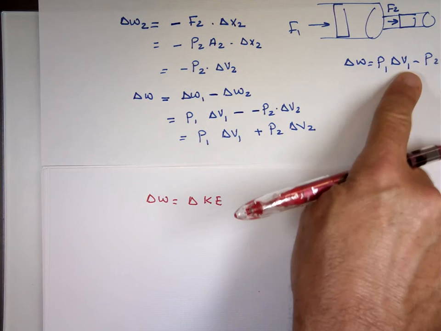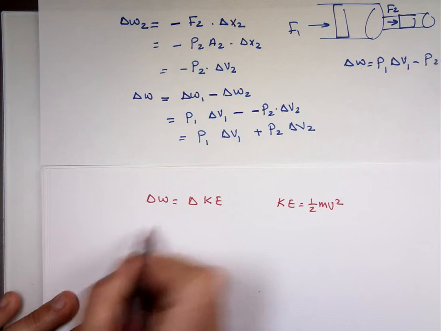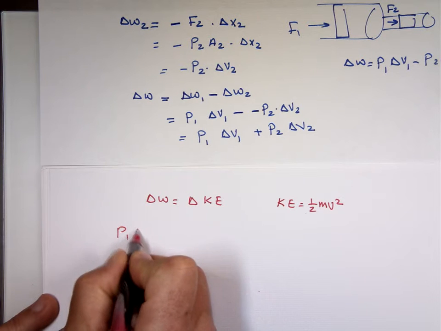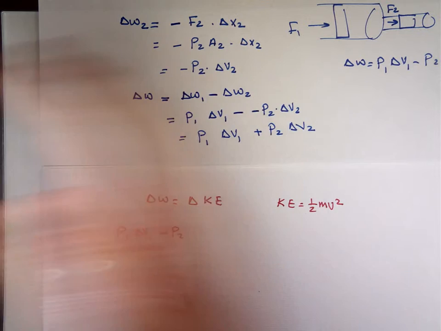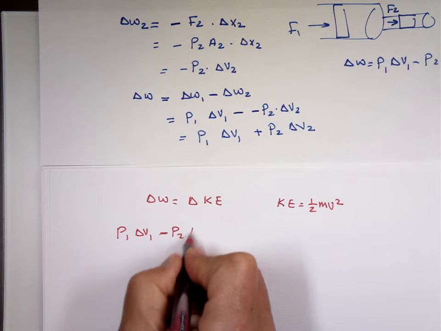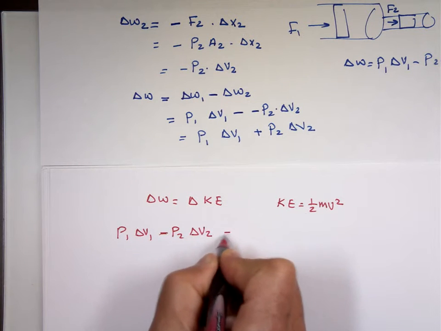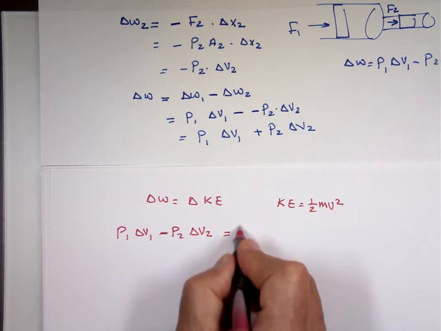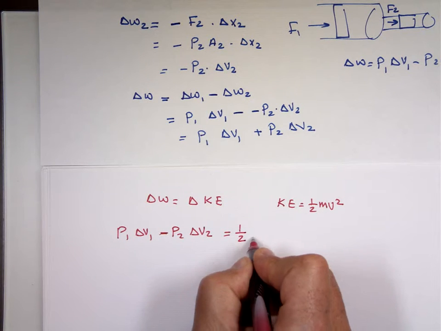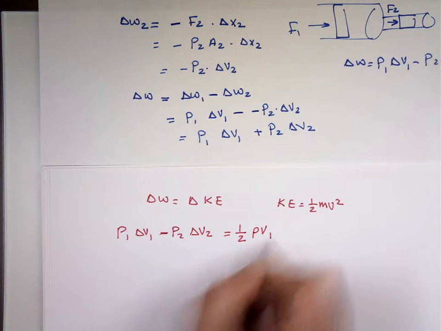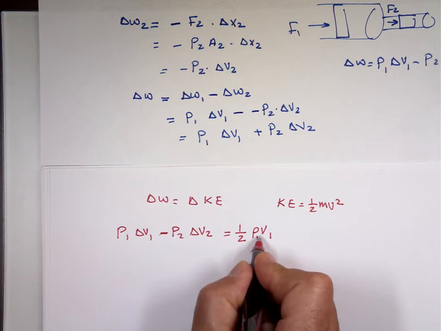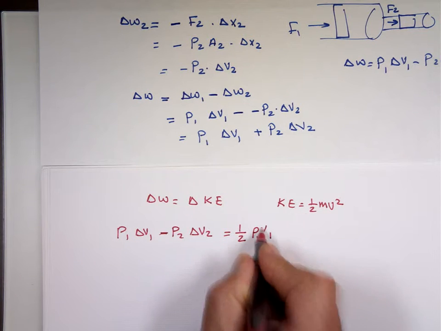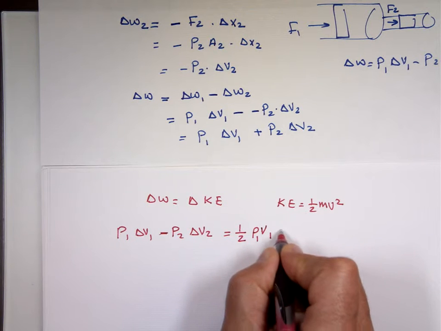I like that better, actually, because if you push in the water, the change of work is P1 delta V1, I'm going to use that one, minus, because in real life, if you're pushing it that way it's going to go in that direction, P2 delta V2, equals the change in kinetic energy. 1/2 the mass, which is rho times volume 1, just in case you have different liquids there. 1/2 m, that's volume. This is going to be confusing here. That's the velocity squared.